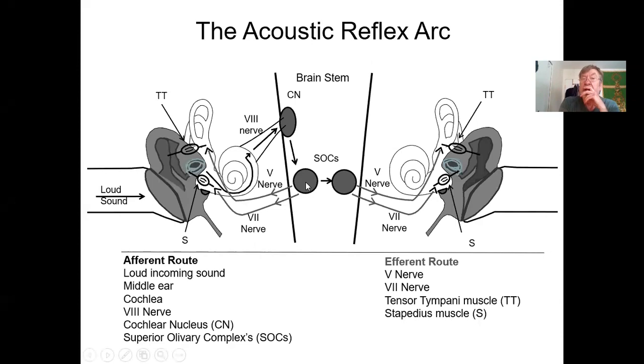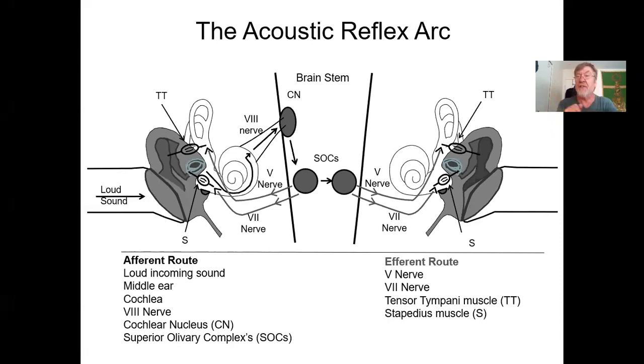And notice, it's going to go to the same SOC, but also to the opposite SOC. That's why from the SOCs, you've got the fifth nerve and the seventh cranial nerve. Fifth nerve going to the tensor tympani muscle, seventh cranial nerve going to the stapedius muscle, and there's the acoustic reflex arc. And notice a loud sound in one ear creates an acoustic reflex in both ears.